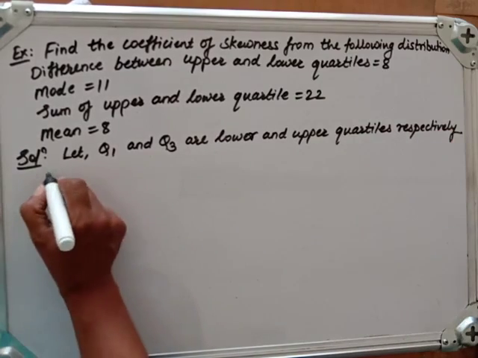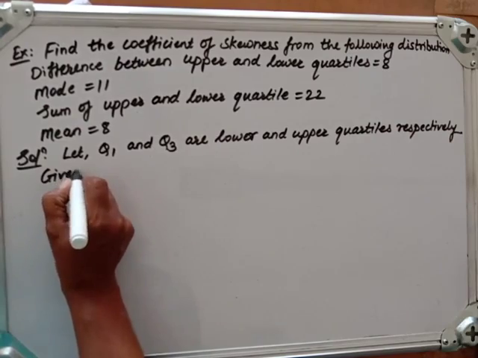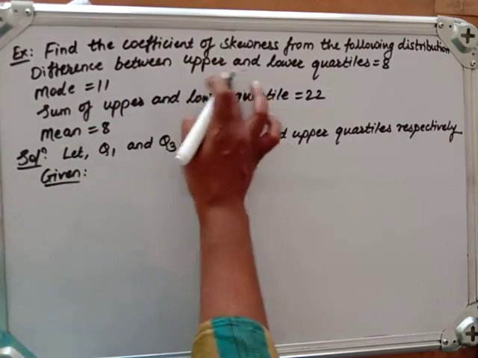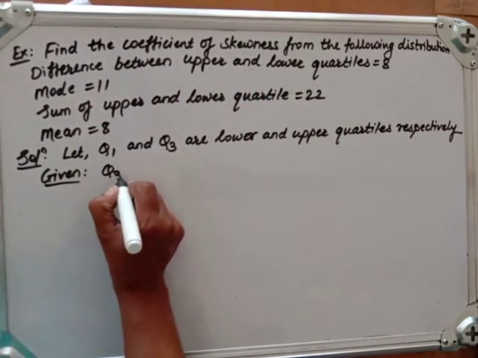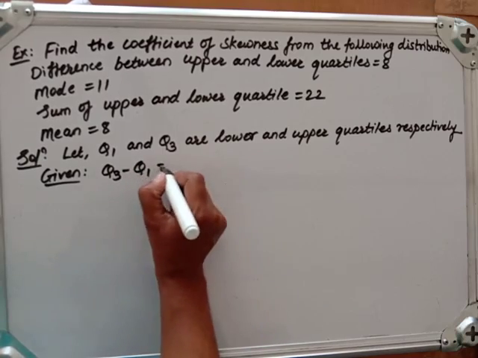What is given to us? The difference between upper and lower quartile, so Q3 minus Q1 is how much?